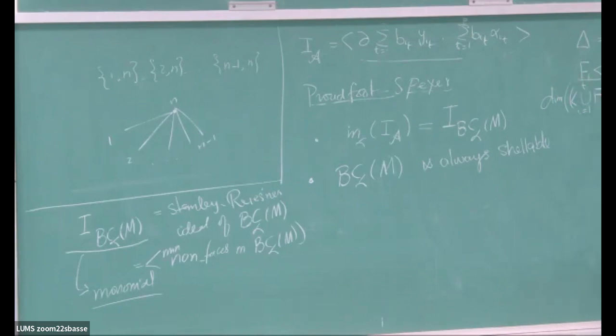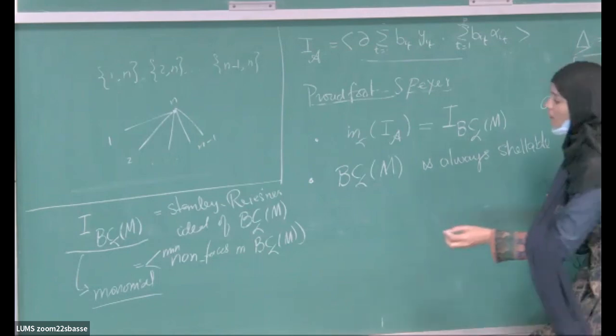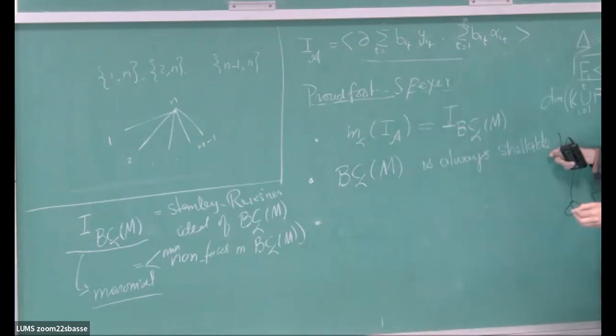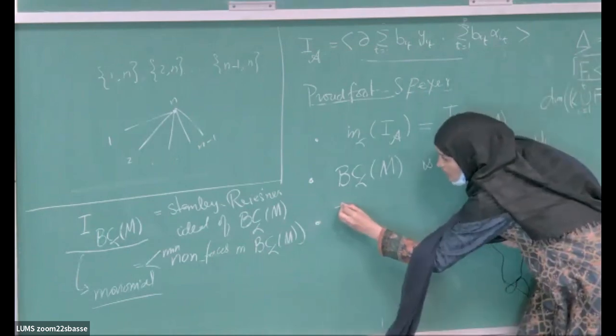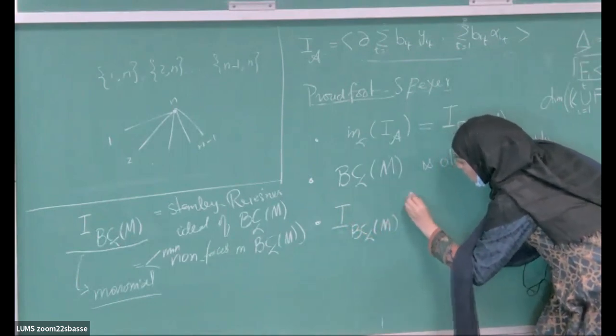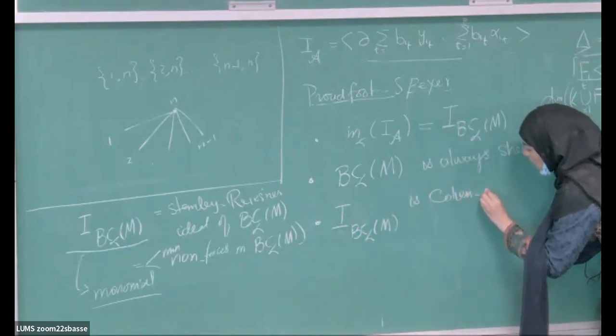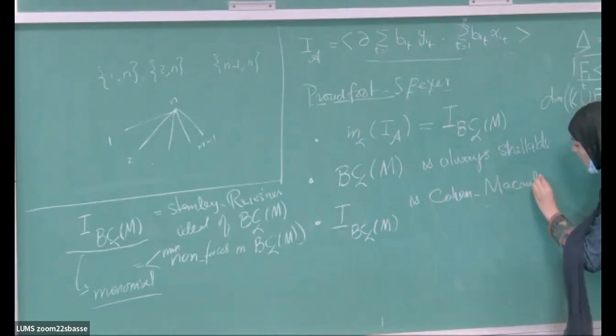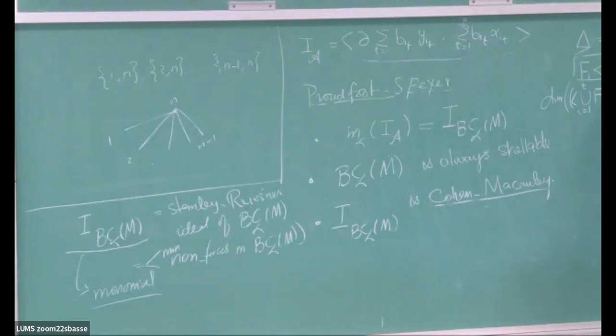If you find such an order in your facets, this is called shelling, and your simplicial complex is called a shellable simplicial complex. It is a very well-known result that if you have a shellable simplicial complex, then its associated Stanley-Reisner ideal is always Cohen-Macaulay, which means that the depth and the dimension are the same, right?